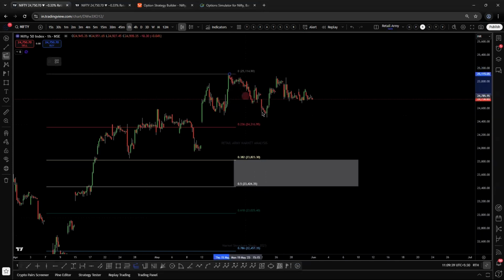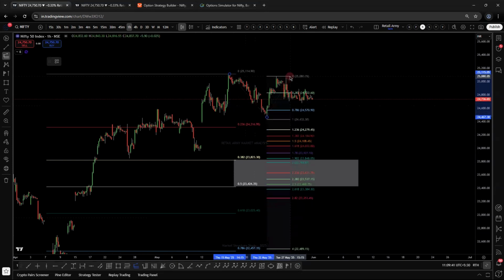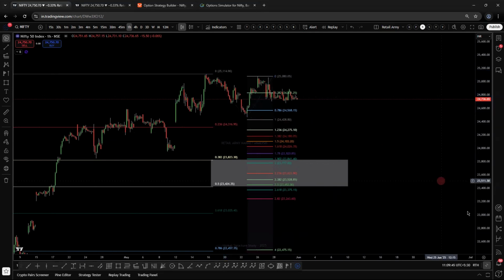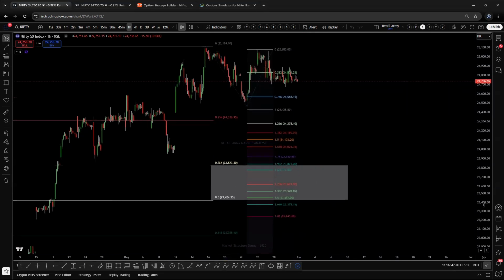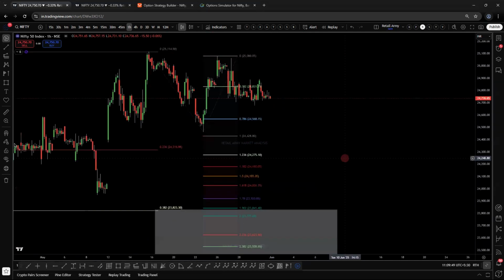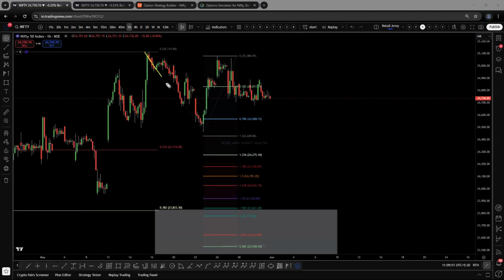But the common rule for us is that a minimum 78% extension needs to be completed. All right, so if this is a three-wave pattern, then a minimum of 78% has to be completed, and also before that, this swing low has to be broken.